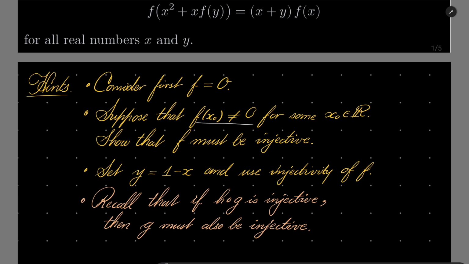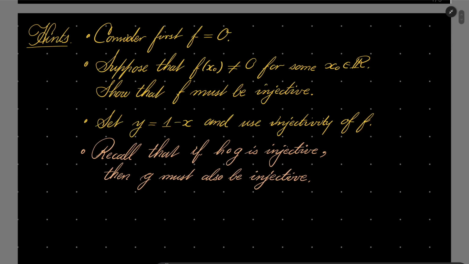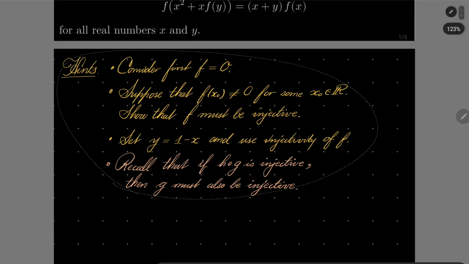Along the way, to establish injectivity, the following fact may be useful: if we have a composition of two functions which is injective, then the inner function must be injective as well. So give this problem a try, and I will see you in just a minute.